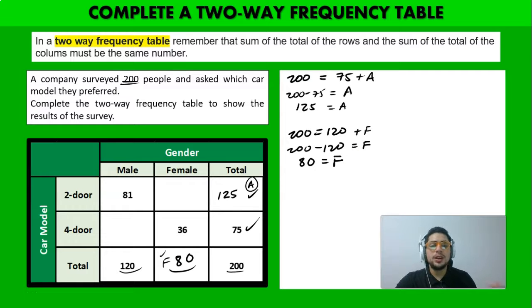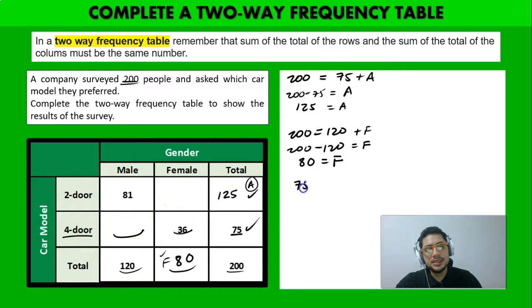So now we are also going to see the following. We know that the total amount of people who preferred the four-door car model was 75, right? And we know that 36 women liked it. So how many men liked the four-door model?